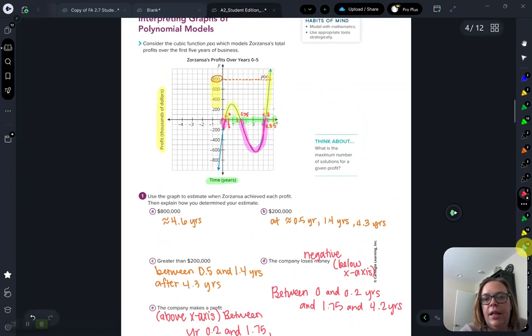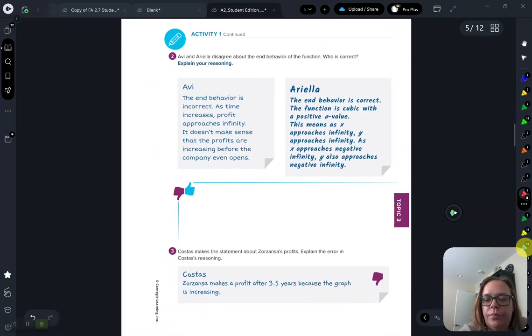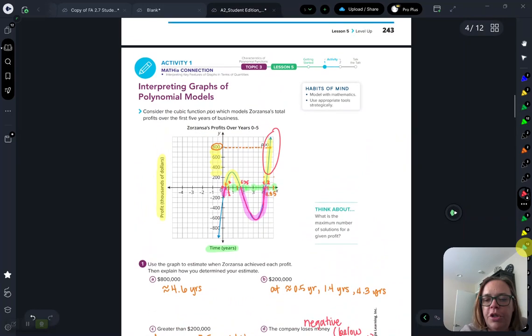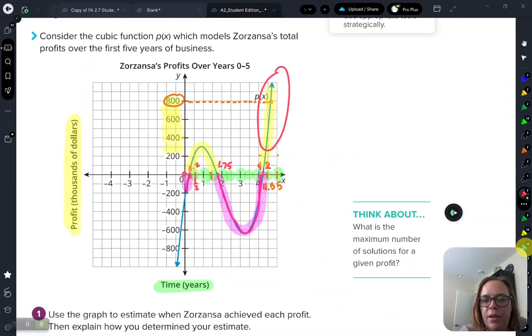Right? That's this portion right here. So interpreting when the profit is and when things are happening, we're basically doing the same thing we did in the getting started, except we're now attaching numbers to it, right?